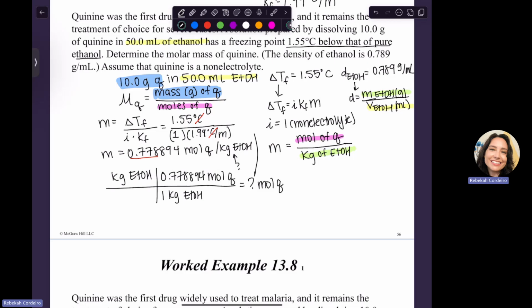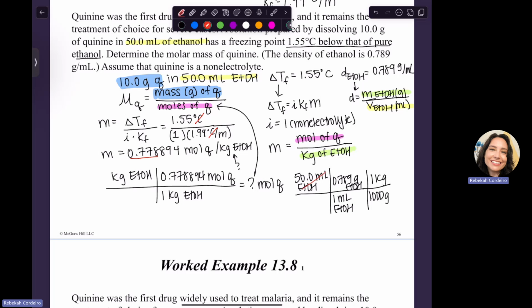And then if I have this, I can plug it into here, remember? So I know that there are 50 milliliters of ethanol. And I know that the density is for every 1 milliliter of ethanol, we have 0.789 grams of ethanol. And I know that for every 1,000 grams, there's 1 kilogram.